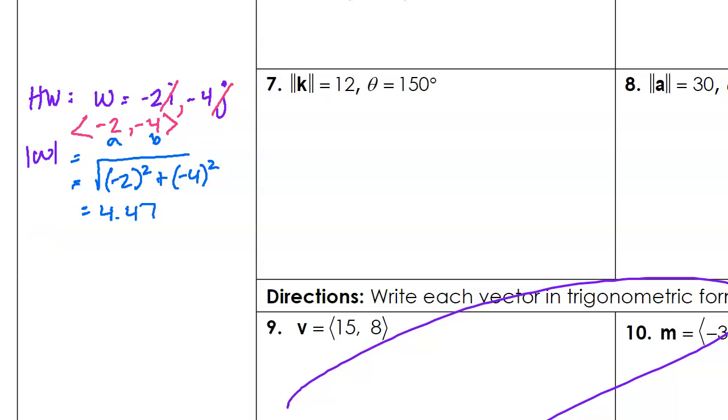And then, how do we solve for the direction? How do we find this angle? Yeah, inverse tangent. It's the formula, inverse tan of b over a. So this becomes inverse tan of negative 4 over negative 2.